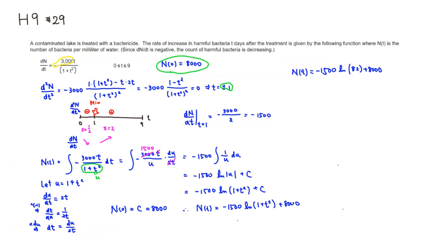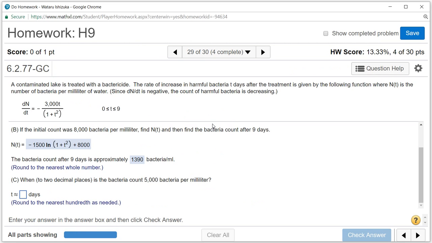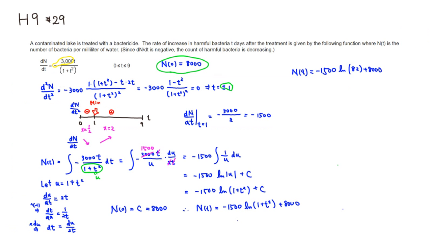Let's solve this equation. So n of t, negative 1,500 natural log of 1 plus t squared plus 8,000, is equal to 5,000. First I'm going to subtract the 8,000 from both sides.